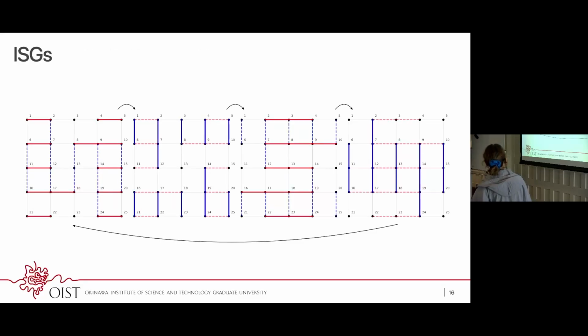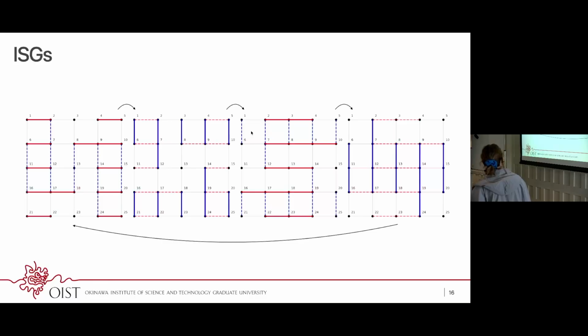So this is how the instantaneous stabilizer group evolves with time. Maybe it's not that clear, but the red dashed lines represent the XX pair measurements we performed in the last time step, used as a reference, and the same for the blue dashed lines, which represent the ZZ pair measurements from last time.